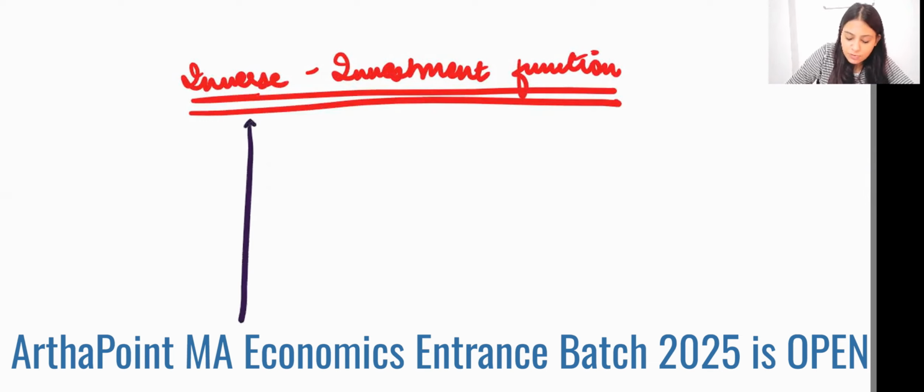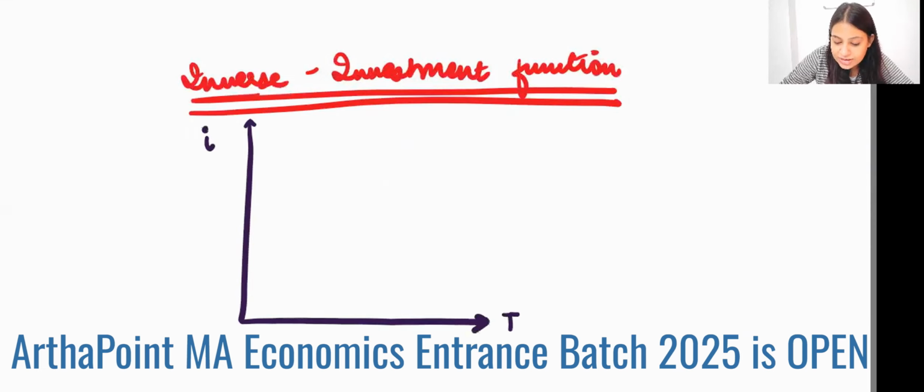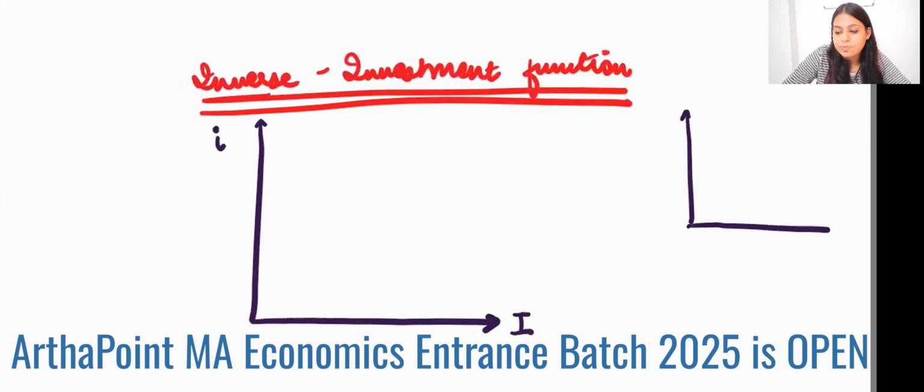But actually, we go ahead and take the interest rate here and investment here. This is a bit tricky to understand. Although on the y-axis we always take the dependent variable and on the x-axis the independent variable, just like the demand curve, where price doesn't depend on quantity, quantity depends on price, but I take price on the y-axis and quantity on the x-axis. I am doing a very similar thing here.